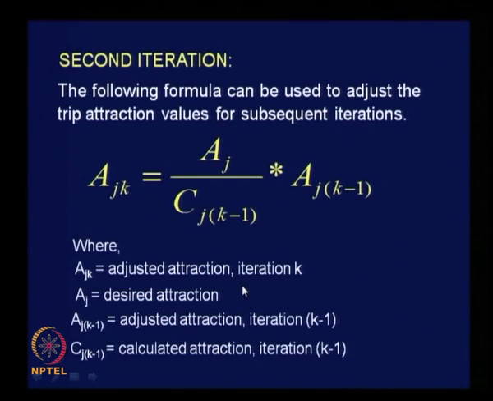That is how we iteratively adjust the trip attraction value and give the adjusted value as initial trip attraction value for subsequent iterations, and this iterative process is continued until your calculated value of attraction and the desired value match to a significant extent. This is how we adjust the trip attraction value for subsequent iterations.